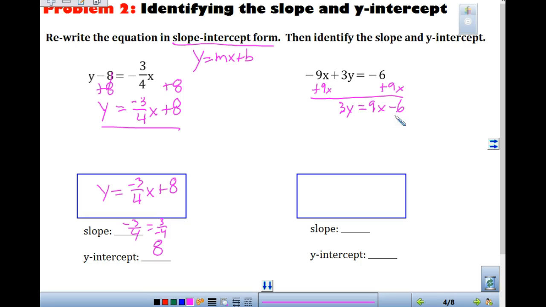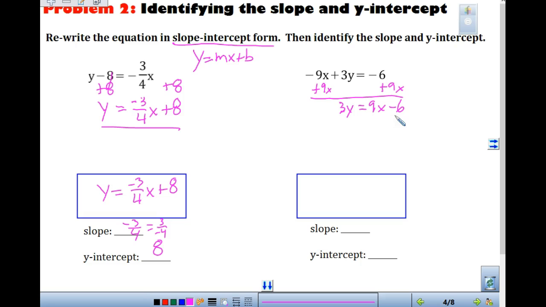So he's making it a more convenient form, which is going to be good because now we can more easily see where our slope is. But have we solved for y yet? Wyatt, what do you think? 3 on both sides. Yep, so we haven't quite put it in y equals mx plus b.